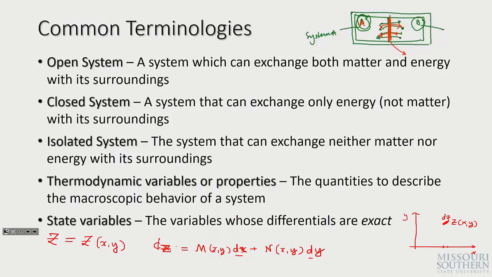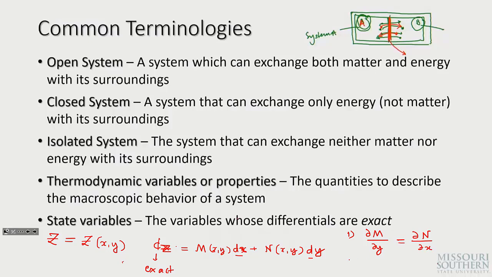Now this dz would be exact if it satisfies these three conditions. Okay, so those three conditions are, first one is if the partial of m with respect to y is equal to the partial of n with respect to x.